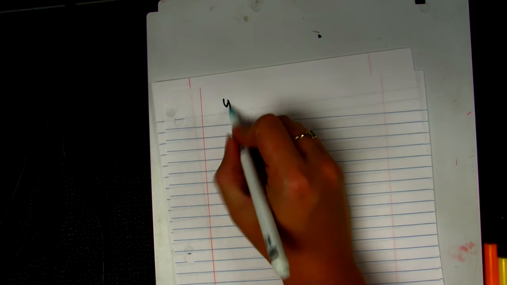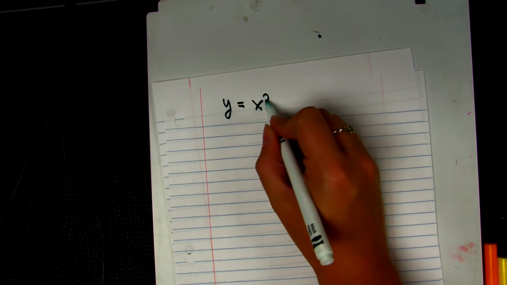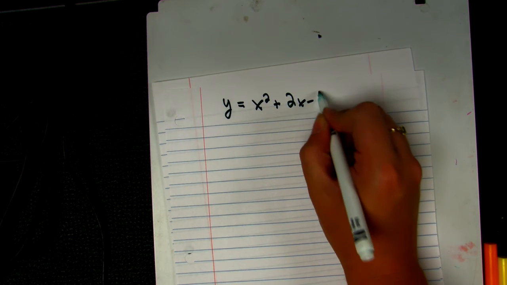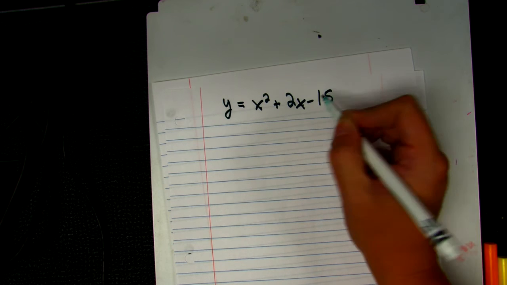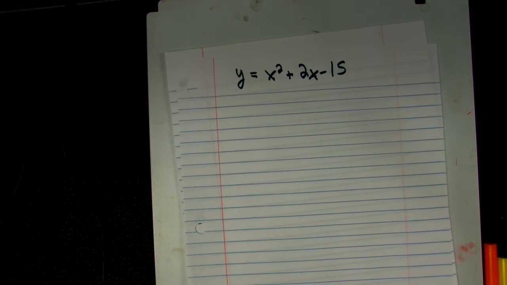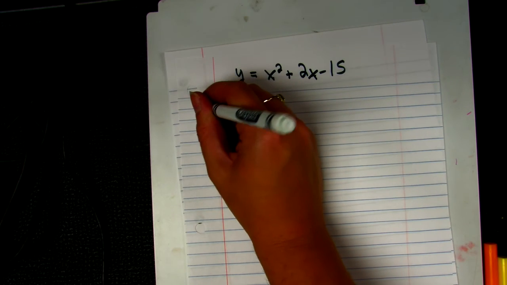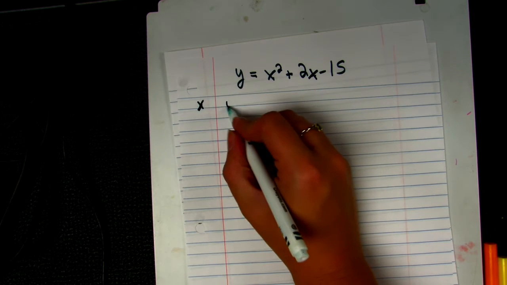So we are going to do y equals x squared plus 2x minus 15. So I'm going to make a table. I'm going to plug in x values and get y values.